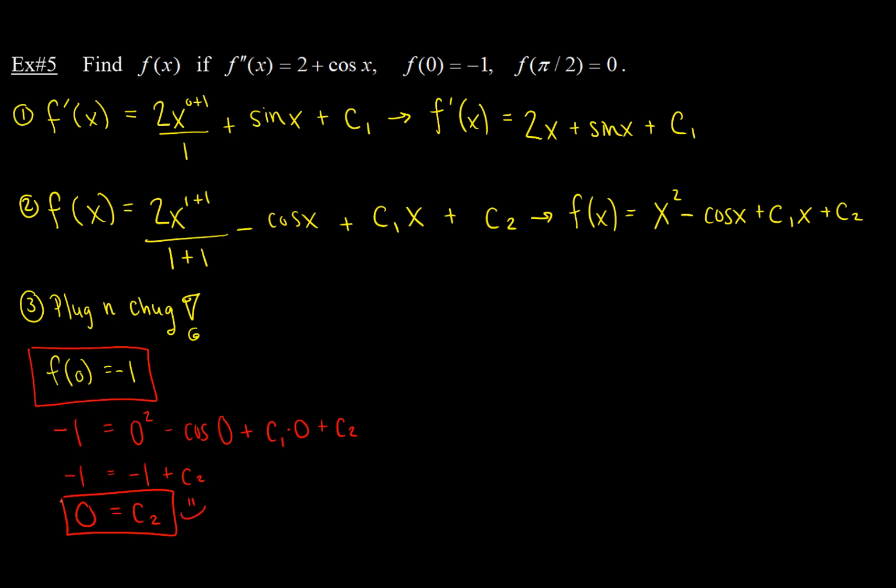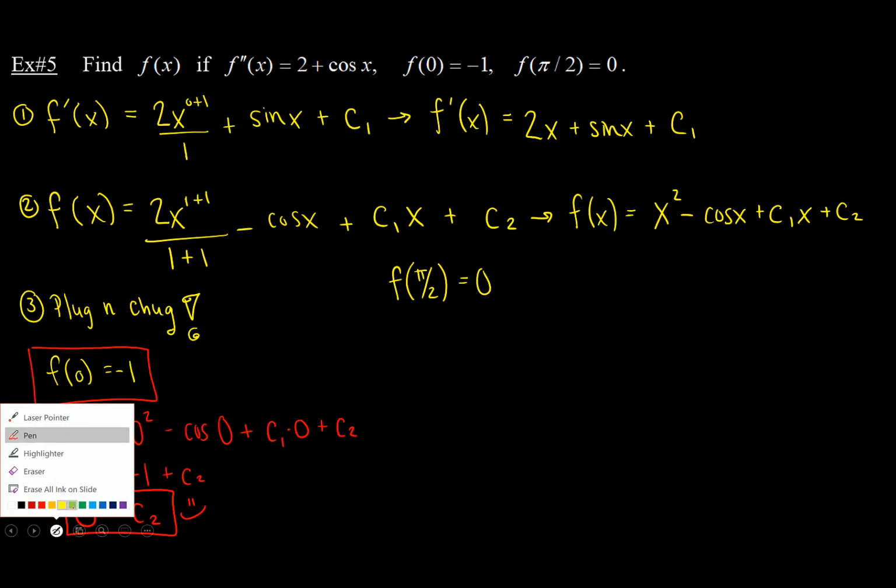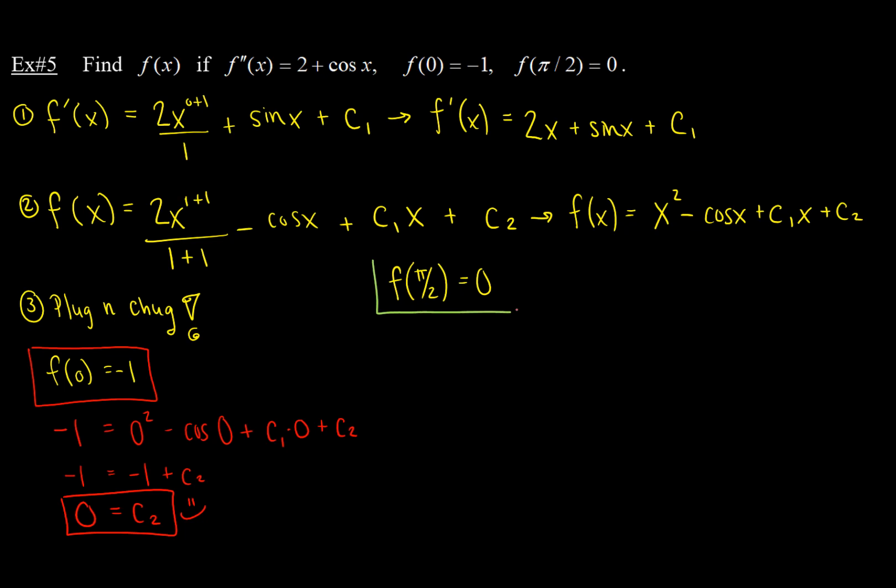All right, let's do the second plug and chug. So f of pi over 2 is equal to 0. So let's plug and chug that thing. The output is equal to 0. Pi over 2 is going to be squared, so I'm going to have pi squared over 4 minus cosine of pi over 2 plus pi over 2 times c sub 1.